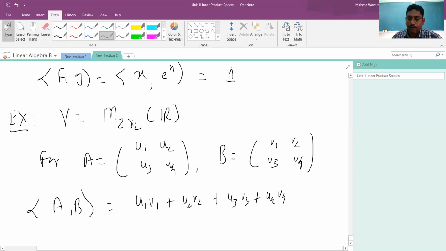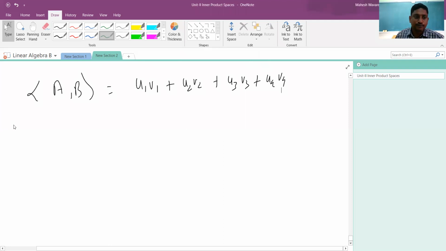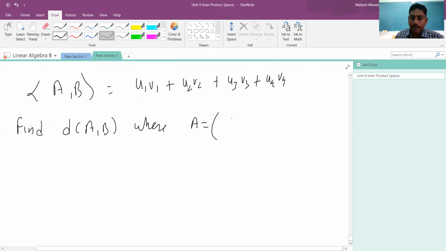With this product, what is asked? This is an inner product that we already checked, or if you want to verify, you can verify once again. Find the distance between A and B, where A is the matrix -2 1 4 0, and B is another matrix -5 6 1 2.